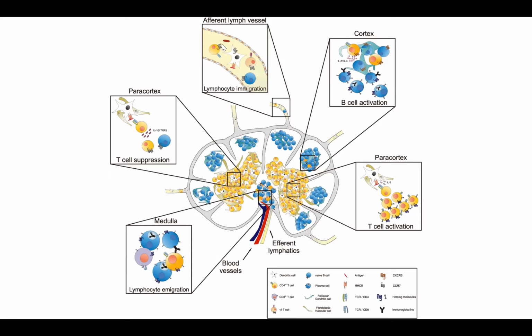So with the afferent lymph node, lymph is going into the lymph node. All right. And there are different types of cells. There's antigens, there's APCs, there's T cells, there are a bunch of cell types that are flowing into the lymph node.